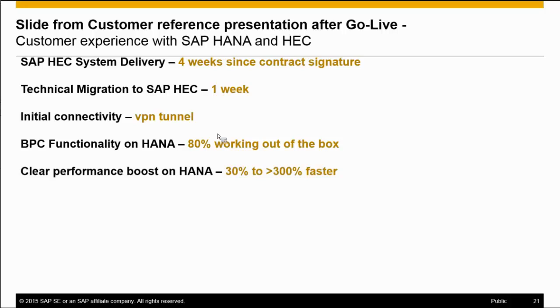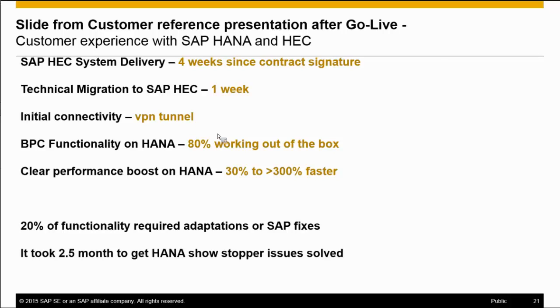There was a clear performance boost, so between 30 and over 300% faster compared to the on-premise situation. Some of the functionality did require some adaptations or SAP fixes. We will come to that later.